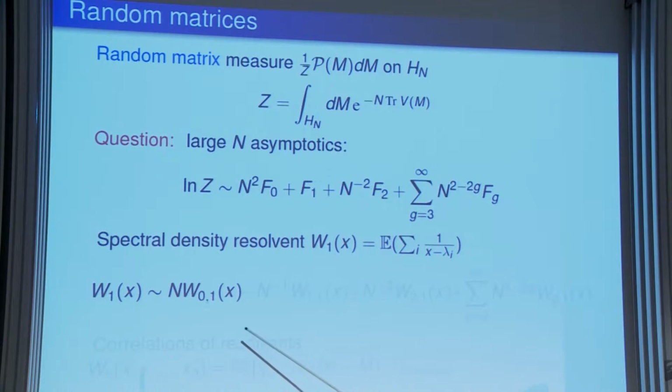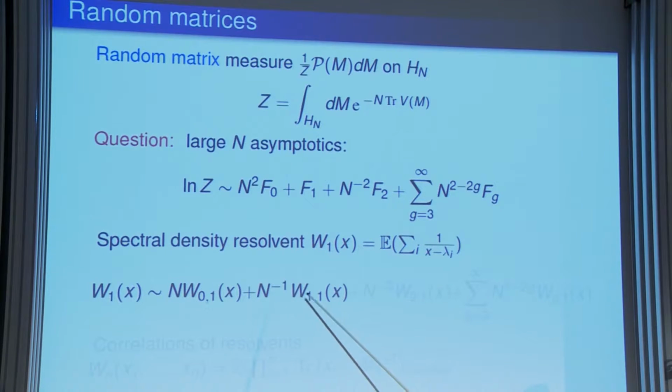To leading order, you find that it behaves like N times some function. Well, it is a sum of N terms, so it's not very astonishing that it behaves like N to the power 1. I mean, 1 over N times the sum would have a limit. The next correction is in N to the minus 1.